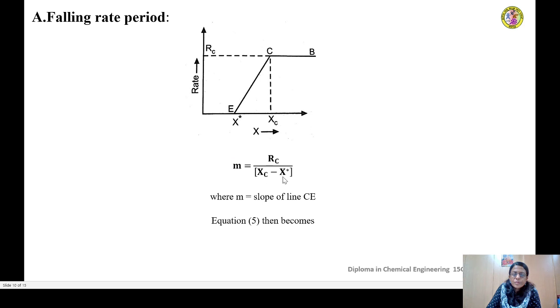If you substitute m from this equation in the earlier equation, that is equation number 5, then equation number 5 becomes minus Ss by A into dx by dt equals RC by xc minus x star into x minus x star. So now this is your equation number 5.